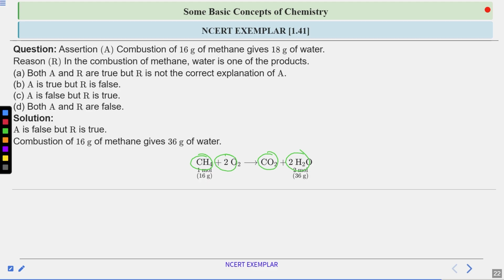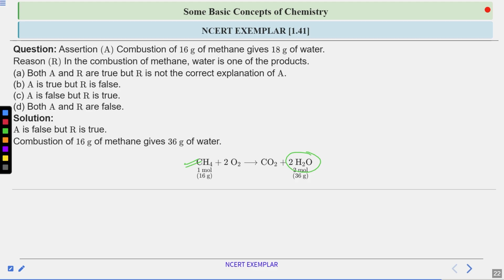Question says that what is the amount of water that will be produced on the combustion of 16 gram of methane? According to this equation, I think it would be very clear that 1 mole of methane is producing 2 moles of water. Yeah, partial combustion gives carbon monoxide and very little oxygen.